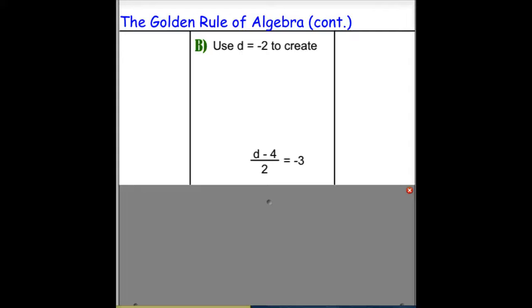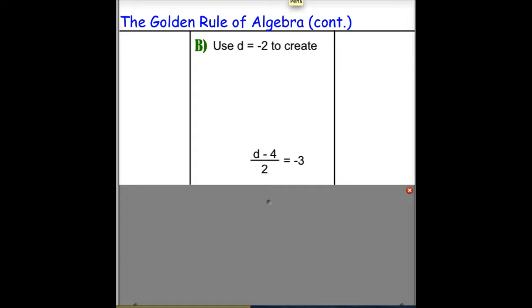Now that we've had the opportunity to talk about the golden rule of algebra and have had a chance to take a look at one of these types of problems, let's go ahead and try one that's just a tad more difficult. When we talk about order of operations, we know that multiplication and division come first before addition and subtraction.